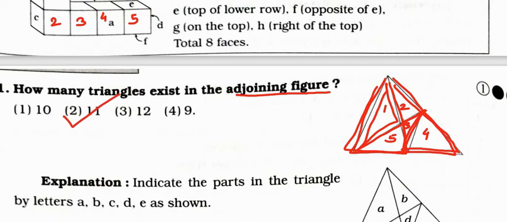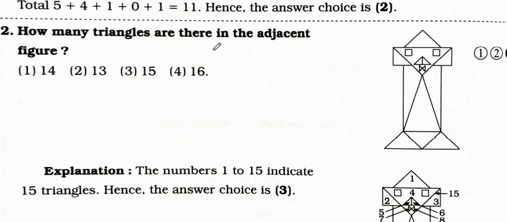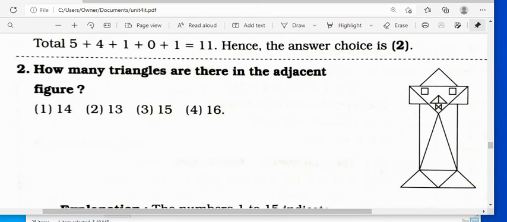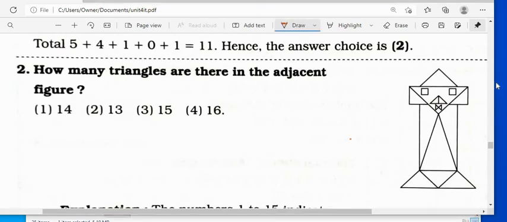Okay, how many triangles are there in the adjacent figure? Now see, there are 13 triangles. Triangle is 1 triangle, then this is 2, this is 3. Okay, this bigger one is 4, then this is 5, this is 6, this bigger one is 7, up to this 7 over.